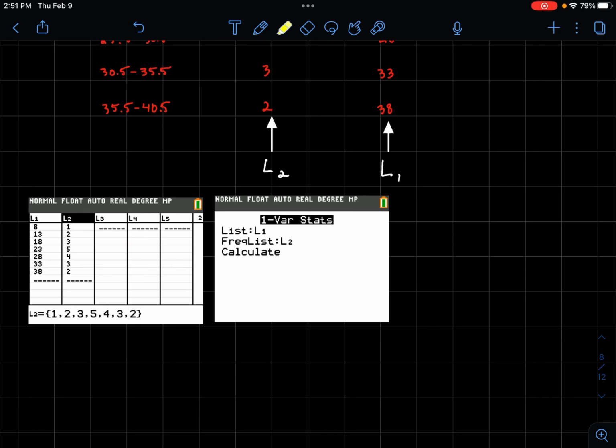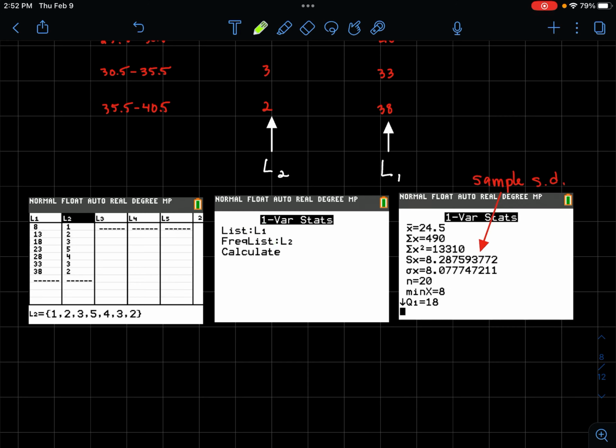Then I can get out of the screen, go back in and do all of the same stuff again. Go to Stat, go over to Calc, click on 1-Var Stats. What's different you'll see though is that all of our data was listed into L1. Those were our midpoints. But then we kept track of all of our frequencies, so we need to make sure that the frequency list is now in L2. Once those are entered in, we can hit calculate, and there is our sample standard deviation, the Sx that you have.